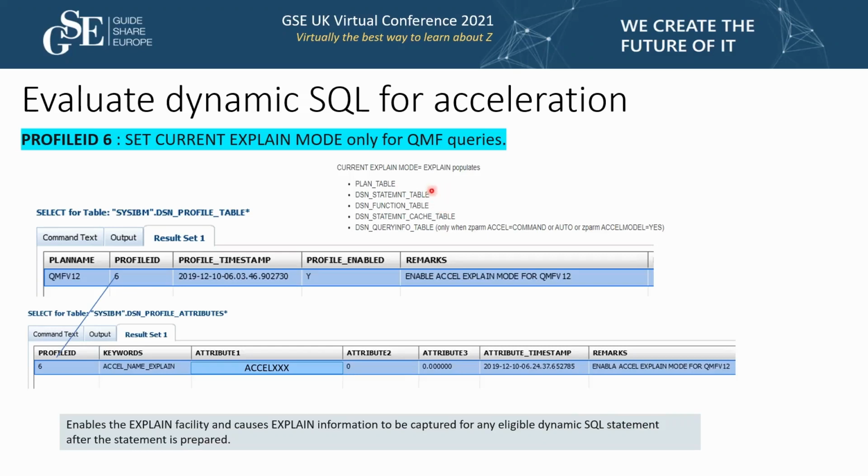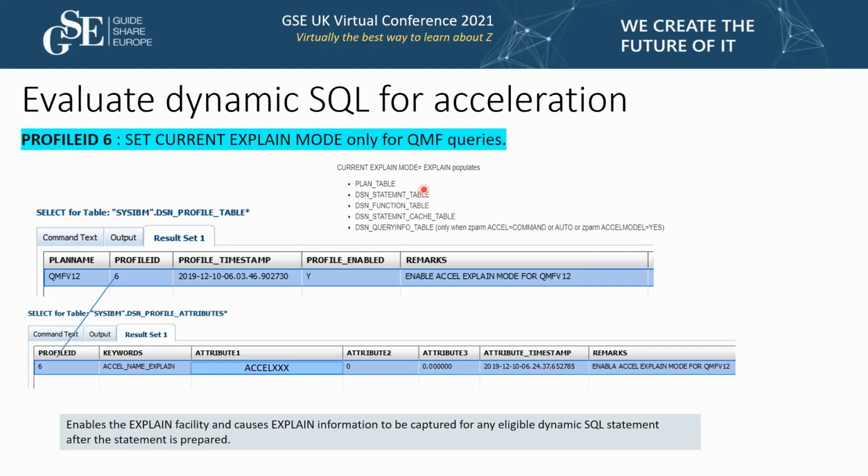So you can imagine, when you apply this feature, you ask Db2 to populate all those tables for acceleration purposes for all the dynamic SQL statements. So it's very huge work to do.